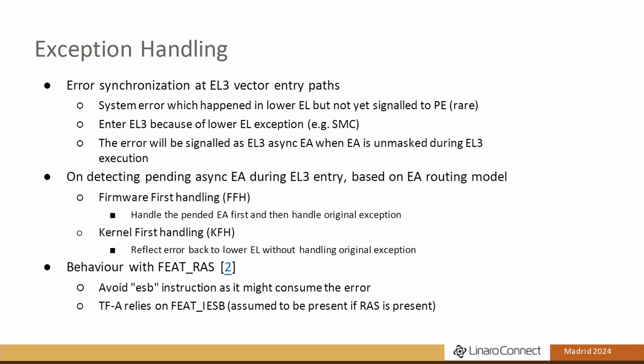What do you do? For firmware first handling, we will handle the generated exception, which was caught because of synchronization, first, because firmware is anyway going to handle the error. And once that is done, you then continue with the original exception, like the SMC call.